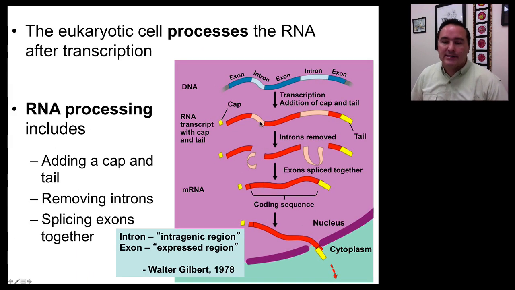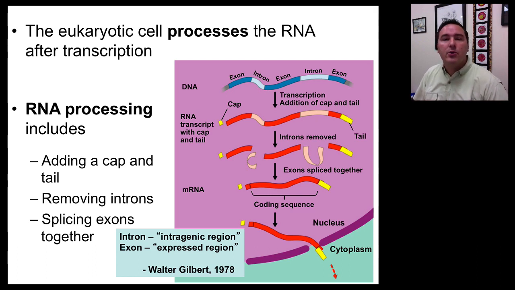Just as an aside, I want to talk about something that's really important, and this is called alternative splicing. It turns out that in eukaryotes, you can sometimes splice together exon 1, exon 2, and exon 3, or just exon 1 and exon 2, or just exon 2 and exon 3, or just exon 1 and exon 3. And so you can have these alternative ways of splicing together these exons.